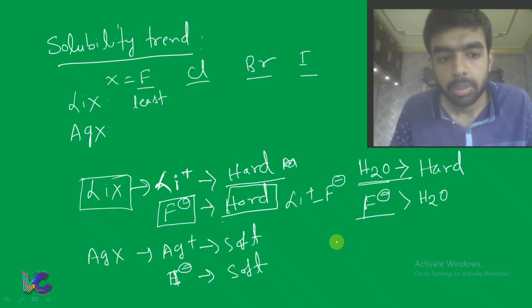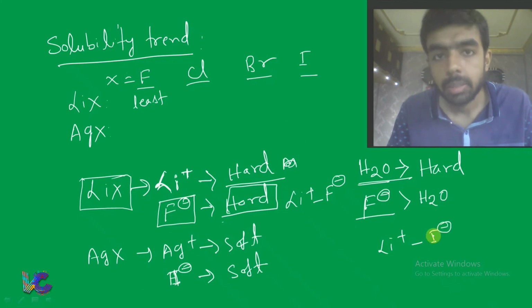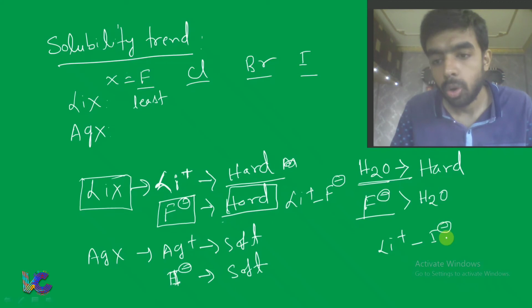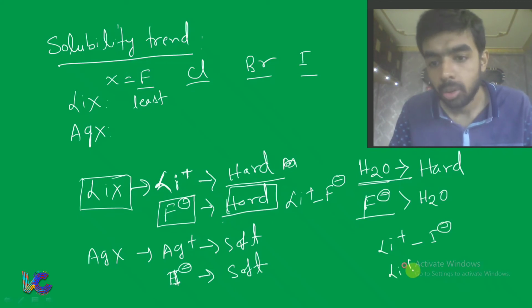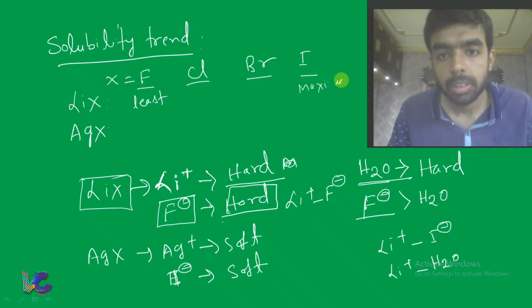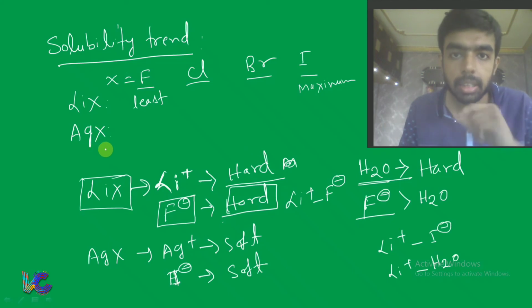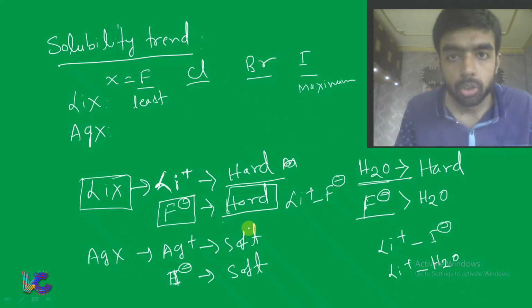But if you see LiI, then Li is very hard and I- is very soft. That means Li+ will not prefer to combine with I-, rather Li+ will combine with H2O. That means it has maximum solubility, because Li+ is combining with H2O. Now if you see the AgX case, the reverse is happening, because Ag+ is a soft metal.